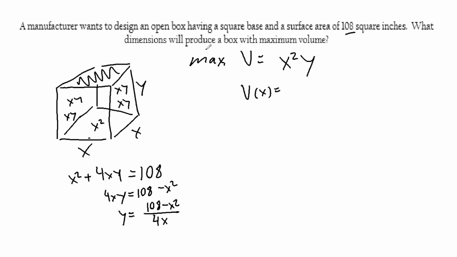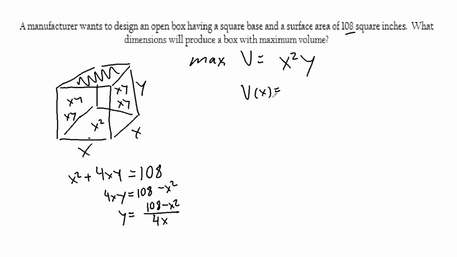So by having this equation and then using this other equation of the surface area, we're applying a restriction to our original equation. So by using this given surface area and plugging y in terms of x back into our main volume equation, we're applying the restriction of a surface area of 108 inches into our equation.